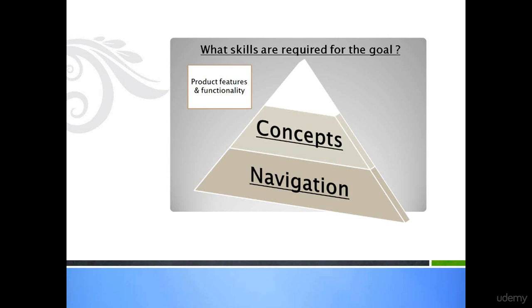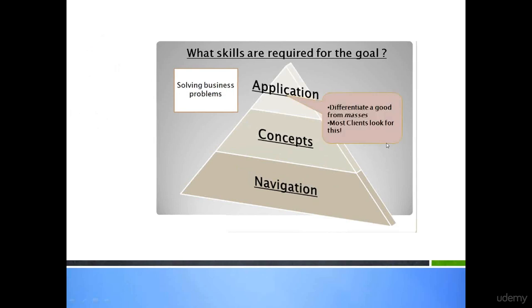You should know where it is coming from and what it is. Those are the things you should have knowledge about. That's another skill required to achieve this goal. And the last one is the application. You need to know how to solve business problems. That's the most important thing the client will expect from a consultant coming to the project. So these are the three different things you should know.